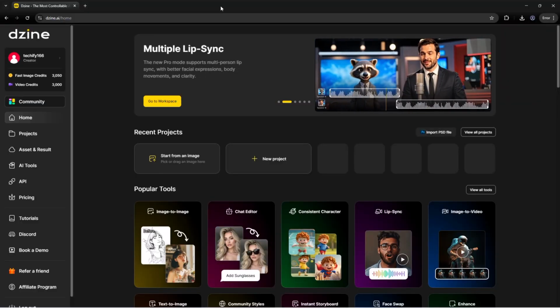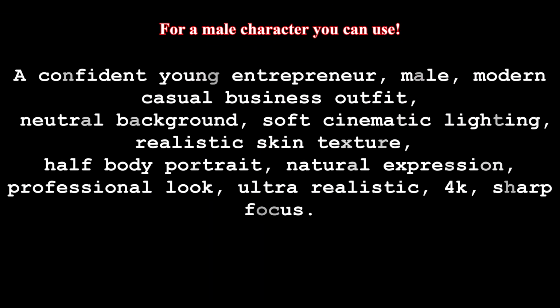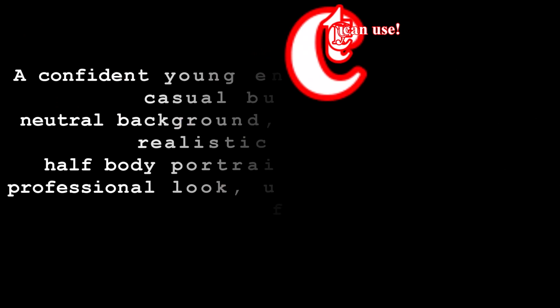First, we generate a detailed character prompt using GPT. A confident young entrepreneur, male, modern casual business outfit, neutral background, soft cinematic lighting, realistic skin texture, half-body portrait, natural expression, professional look, ultra-realistic, 4K, sharp focus.